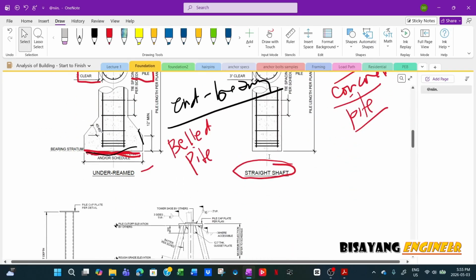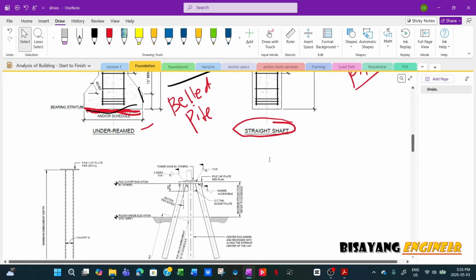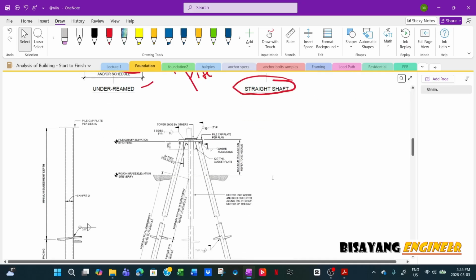Now, this next one I only came across when I arrived here in 2010. At first, I was told by my supervisor that the client wanted a screw pile foundation. I had never seen one and had no clue what it was.